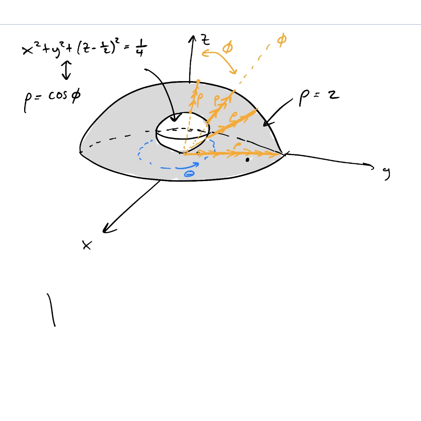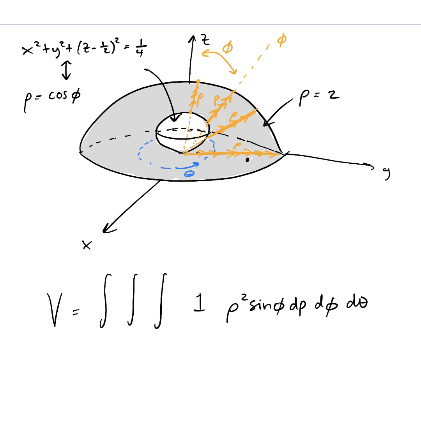So on this one, if you want the total volume, you integrate 1 dV. And this time, you know in spherical coordinates, the role of dV is being played by rho squared sine phi d rho d phi d theta.